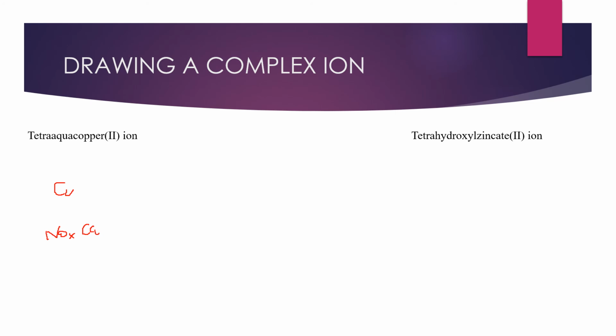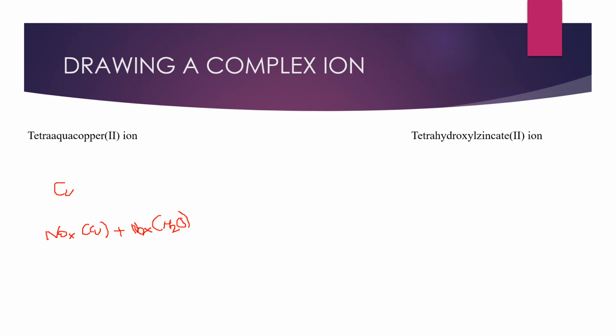So we will write the oxidation state of copper, plus the oxidation state of the ligand. What is the ligand in the example? The ligand here is aqua. Aqua means water. So this is what we have. Therefore, to write the formula of the complex ion, we need to know the overall charge on the complex ion, isn't it?